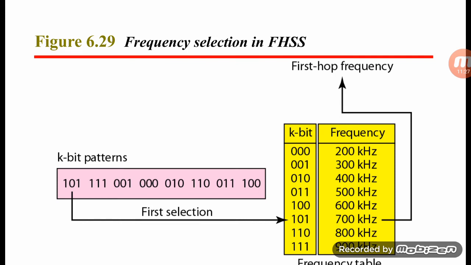It's up to you what sequence you want to use. If you're using this sequence, then you have to follow this. If you need your signal to be at 200 kilohertz 2 times, then your sequence should not be like this, it should be like this: 0, 0, 0 first, and then again 200. If you don't want 300, you will remove it.